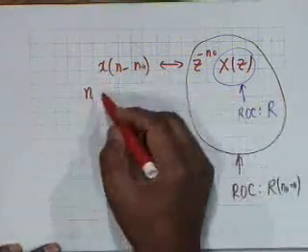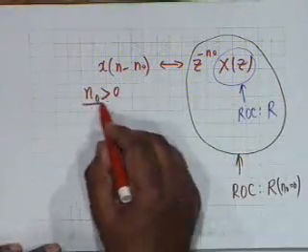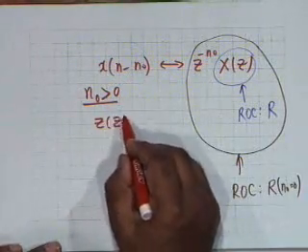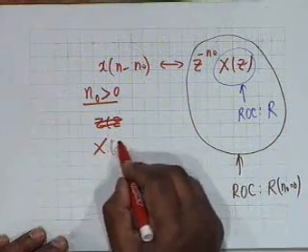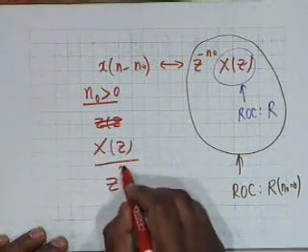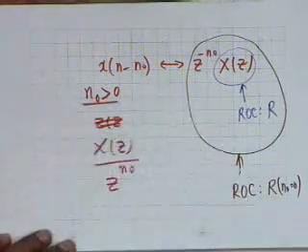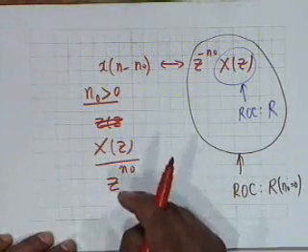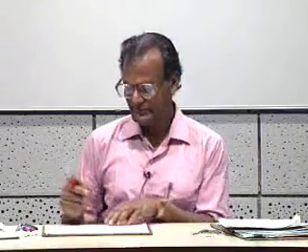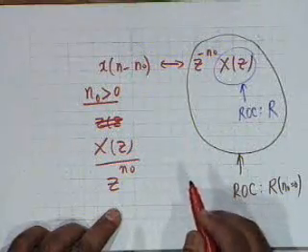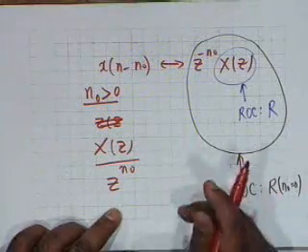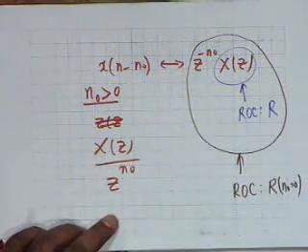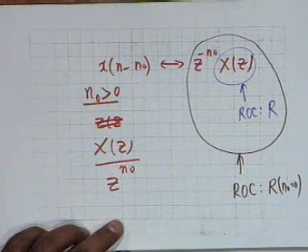However, if n0 is greater than 0, if n0 is a positive integer, then you see capital X of Z divided by Z to the power n0, and obviously you are creating poles at Z equal to 0, and therefore the ROC of this shall be R minus the origin, if R includes the origin, then you have to exclude the origin from the revised or modified region of convergence.